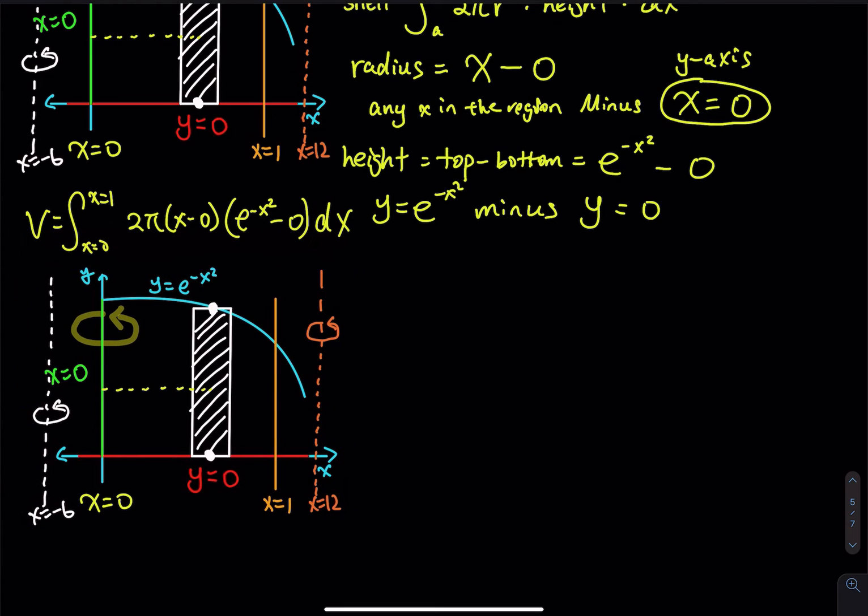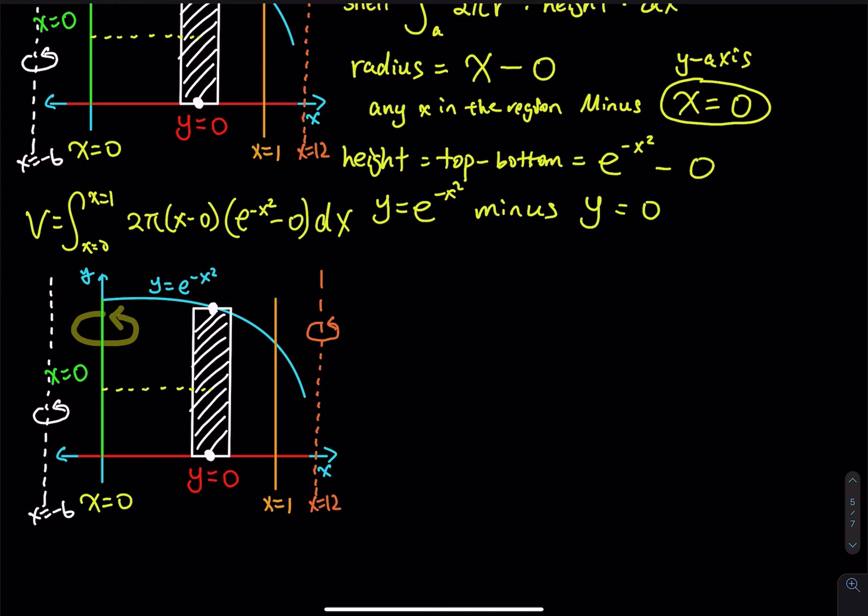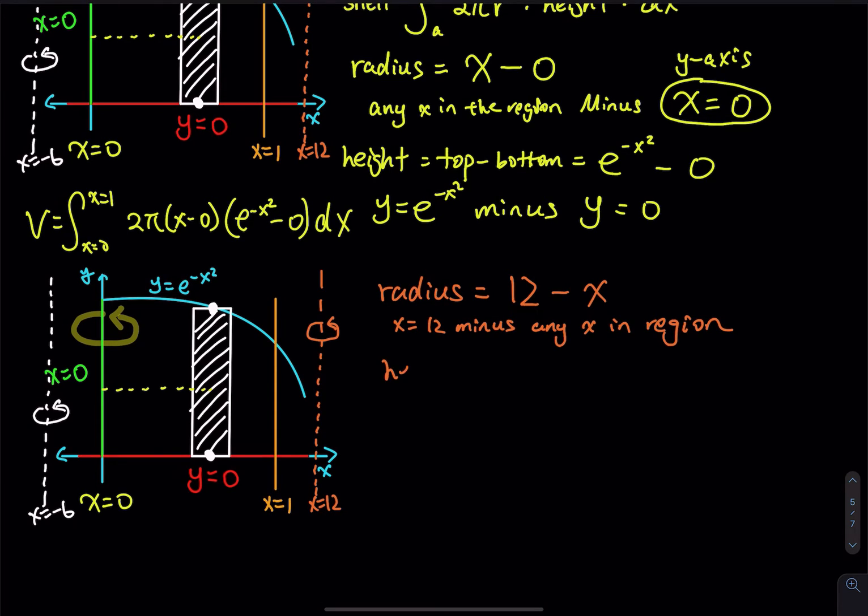So let's take care of the orange first. If I put the revolution axis right there, how does that affect the radius? So the radius, what is that equal to? It's right minus left. So that will be 12 minus any x in the region. And then the height, no change.